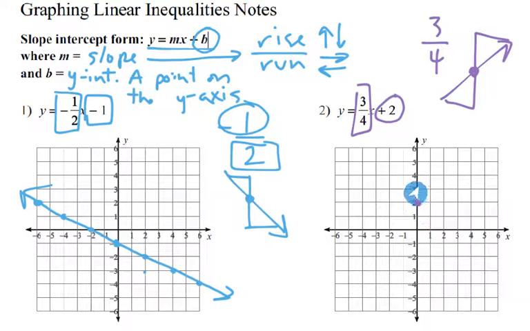So I can go up 3 to the right 4 for my first point, or I can go down 3 to the left 4. That's pretty much all the space I need to draw that line.